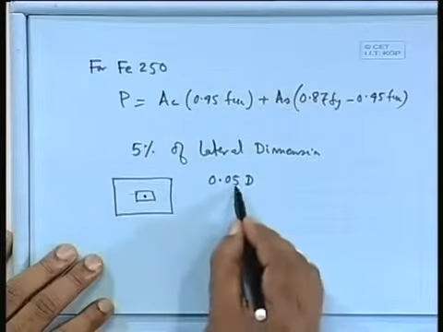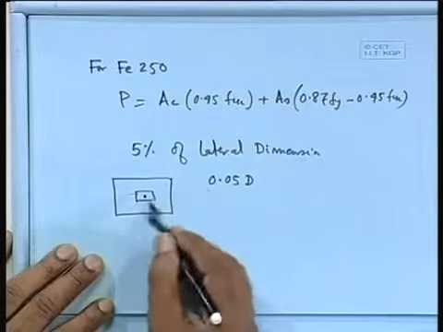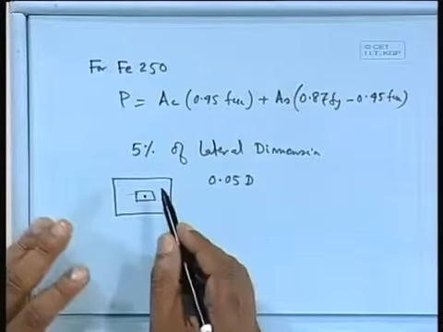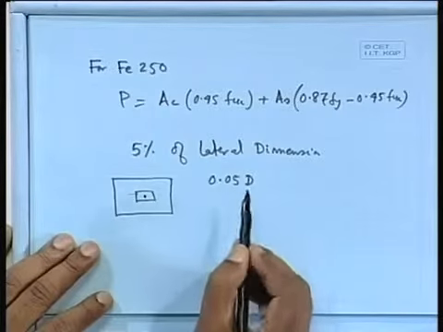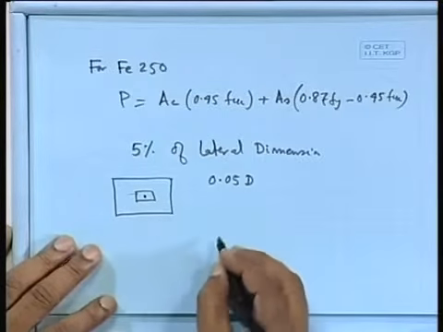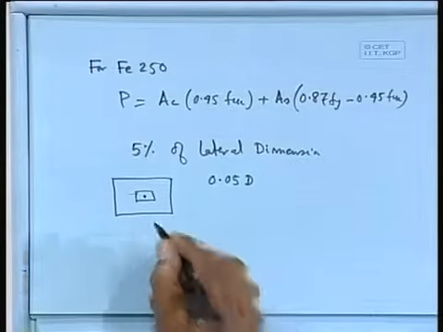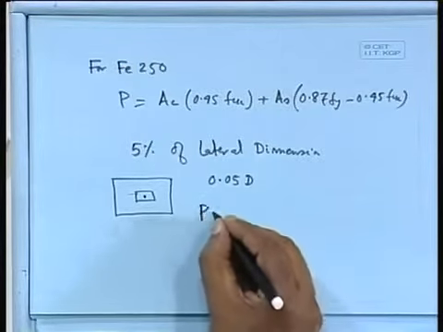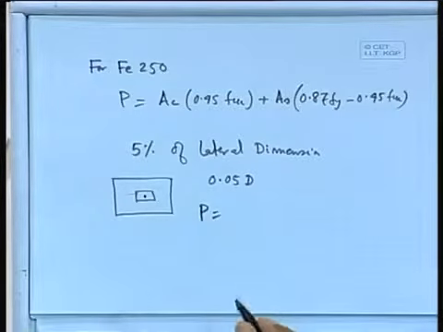How far can we go? 5% of the lateral dimension, so 0.05 D. If due to construction error or whatever it is, it will happen, and then we can go up to 0.05 D. That's why we consider that P equal to, I can now come back to clause 39.3.